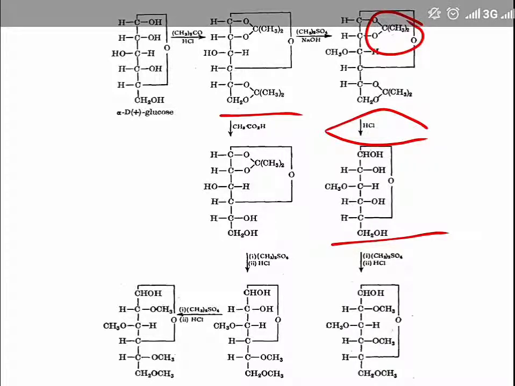These groups will be removed. And now after that, if you add dimethyl sulfate, all the rest of the OHs will be converted into OCH3, except this anomeric OH.